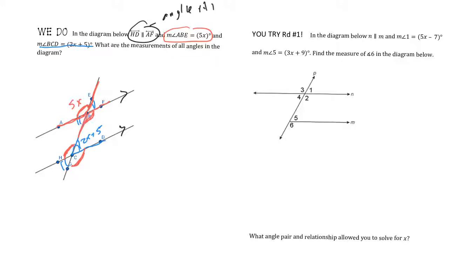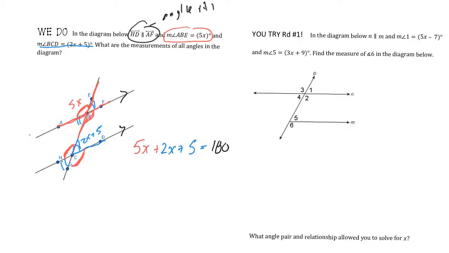So my other option is that they make 180 degrees or they're supplementary. So to solve for x, my equation is 5x plus 2x plus 5 equals 180 degrees.